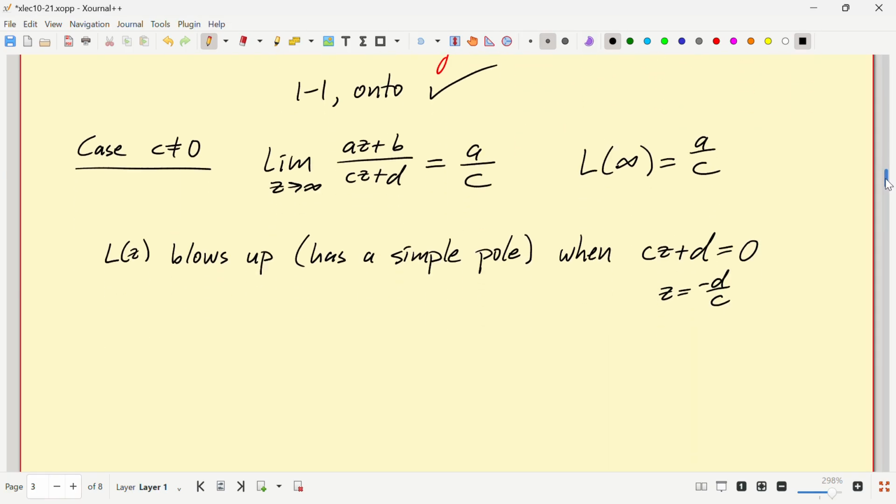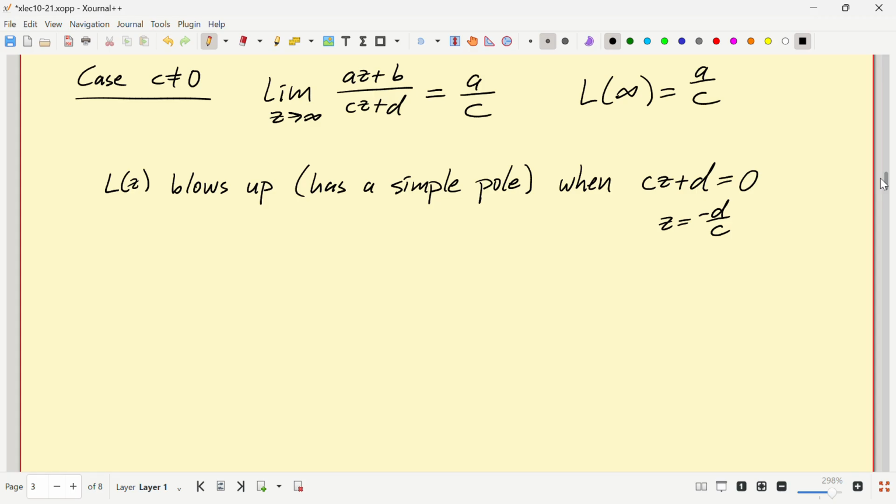We want L of minus d over c to be the point at infinity. Then when we set these two things, we get a one-to-one onto map. Well, I didn't show that it's one-to-one and onto. That's pretty easy to do.